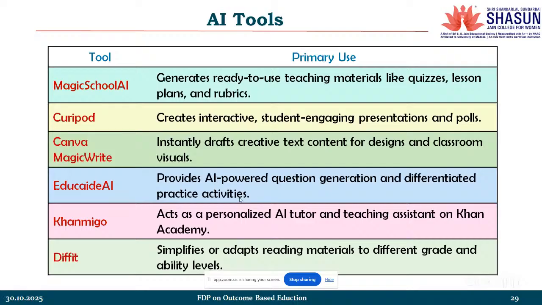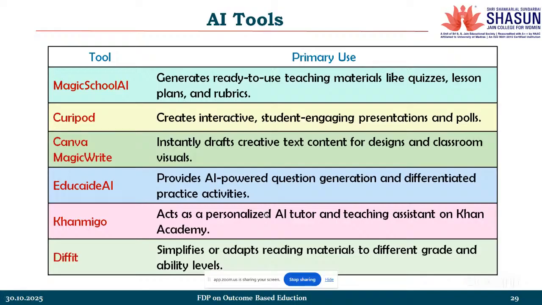It is very large, and we need to have more patience and spend time analyzing all these tools, and identify what is the actual necessity for us and how we can efficiently use them. And we have this Canmigo. It acts as a personalized AI tutor and teaching assistant on Khan Academy. They have developed this particular AI tool.